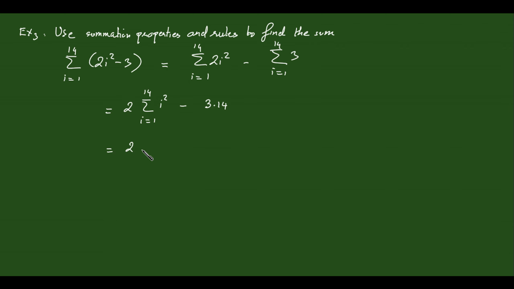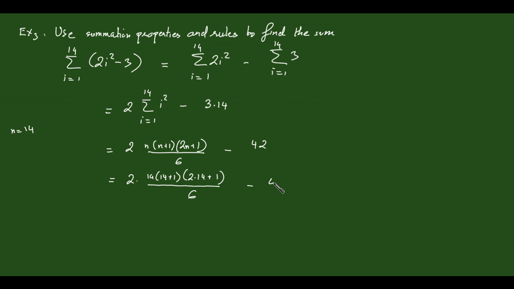So this can be written as 2 times the formula, n times n plus 1 times 2n plus 1 over 6, minus 3 times 14, which is 42. n is 14 in this case, so I'm going to plug it in: 2 times 14 plus 1, over 6, minus 42.